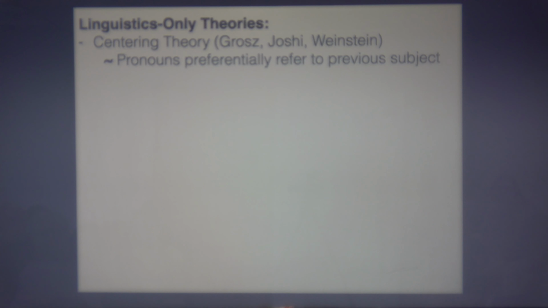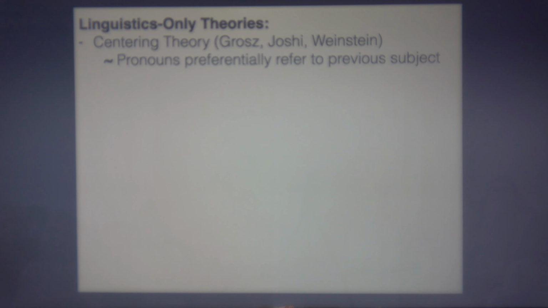So just for historical comparison, for people who are interested, there were older theories of pronoun interpretation. Actually, the leading one even into this century was probably centering theory, which is a little bit more complicated than this, but you can just gloss it as pronouns preferentially refer to the subject of the previous sentence.